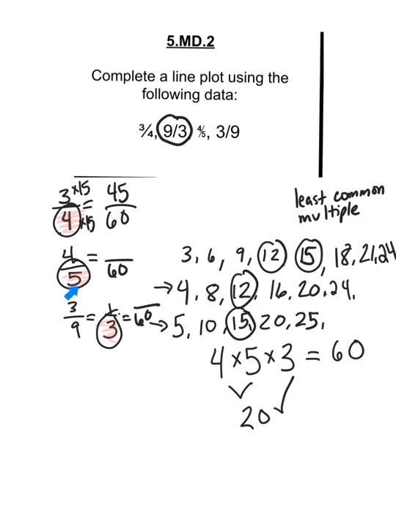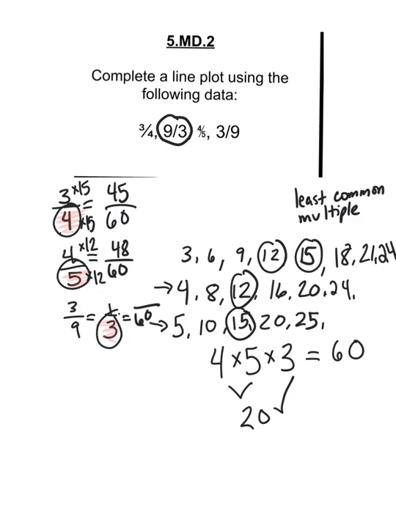Now for this one, instead of dividing our whole into 5 equal pieces, now we're going to divide it into 60 equal pieces. And in order to do that, we're going to multiply our denominator and our numerator times 12. 5 times 12 is 60, and 4 times 12 is 48. So 48 out of 60 is equivalent to 4/5.